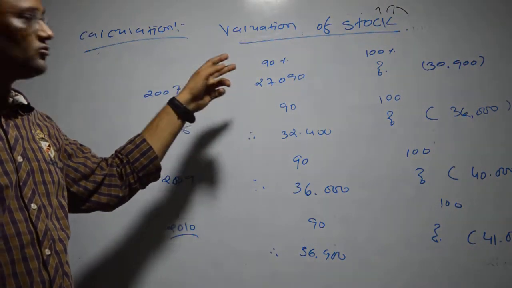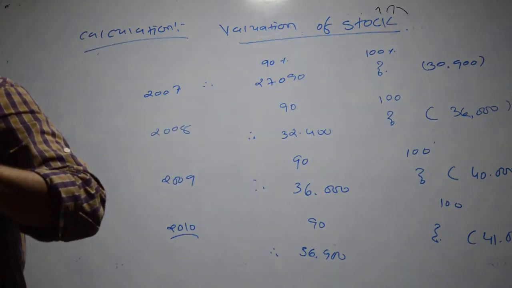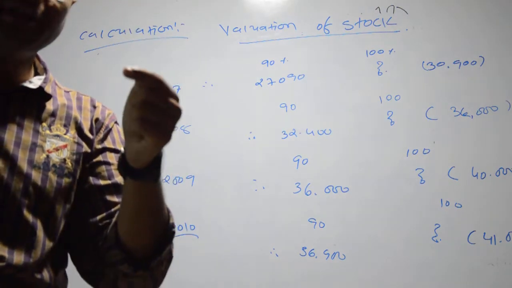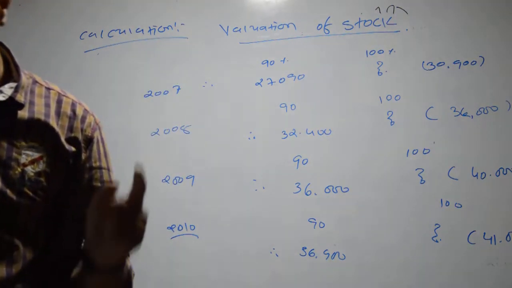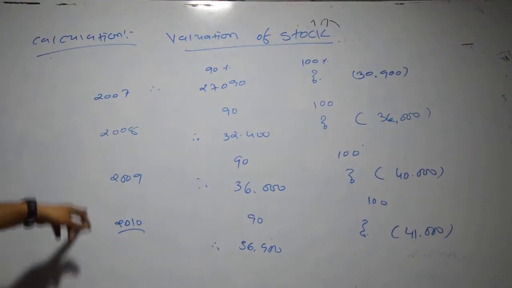So first we have to convert 90% to 100%, because 90% is considered as the price is 10% less. It is a very important factor that you have to consider.